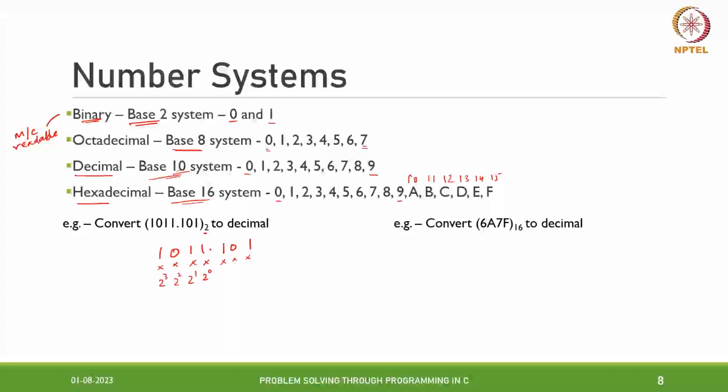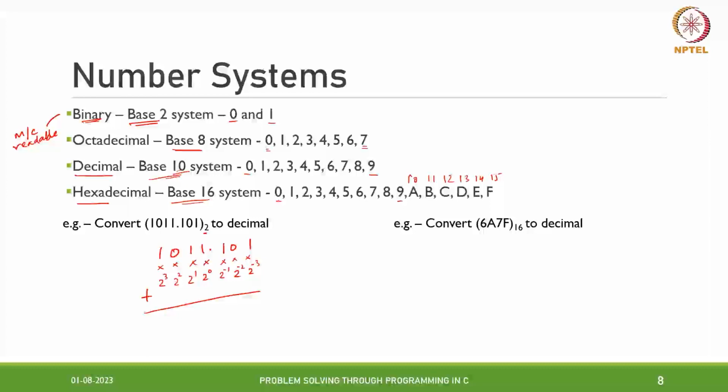So you start from the digit before the decimal point. You start multiplying 2 to the power 0 and with increasing powers. So increasing powers of 2. So 2 to the power 0, 1, 2, 3, and after the decimal you multiply it with negative powers. Okay, then after multiplying all of this, you add all of them up.